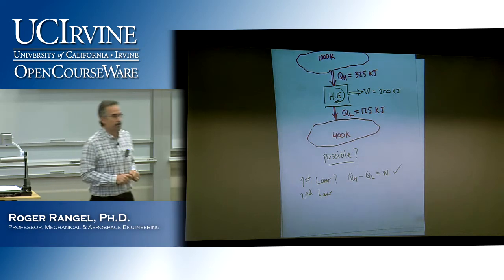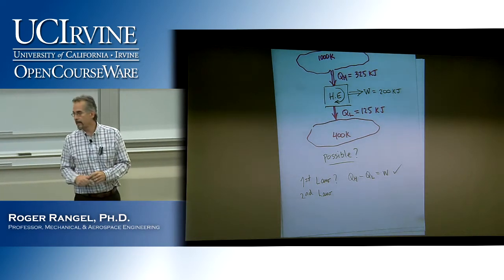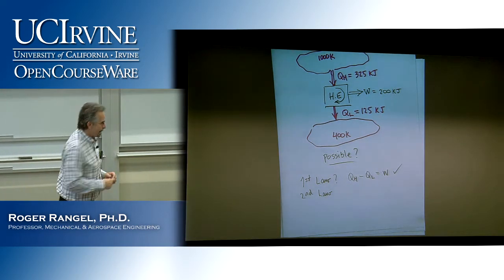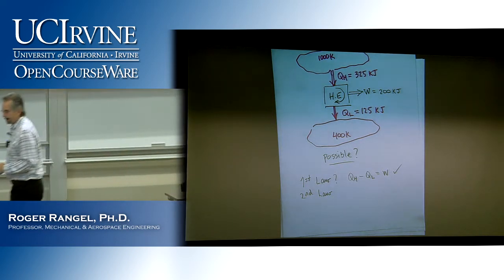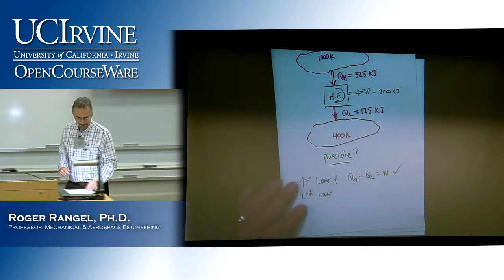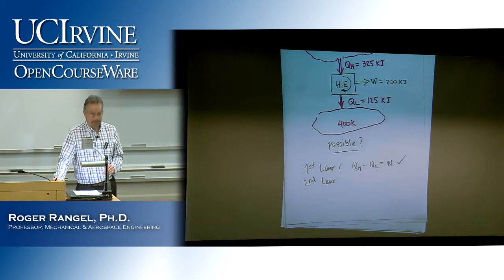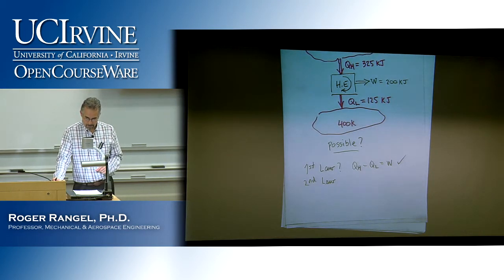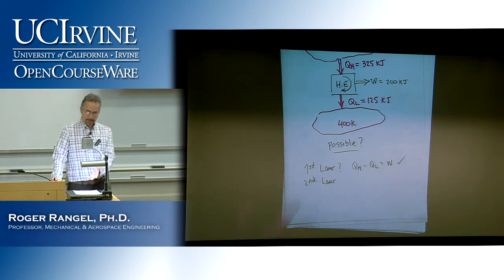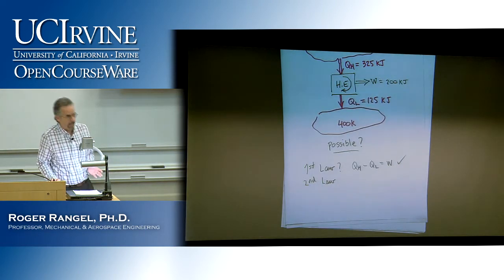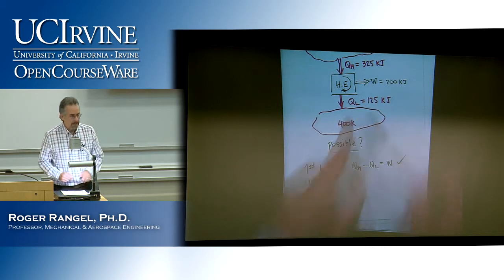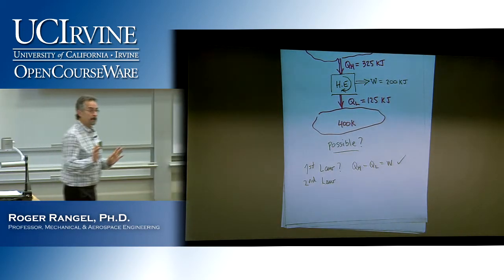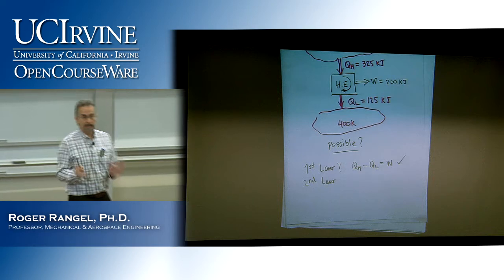So it's okay as far as the Kelvin-Planck statement, but that's not the only thing you need to check. QH cannot equal W, but that's checked. QH is not equal to W because there is a QL. So that part of the second law, the Kelvin-Planck statement, is satisfied.